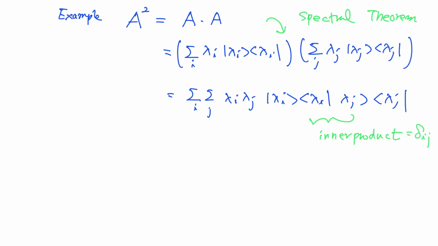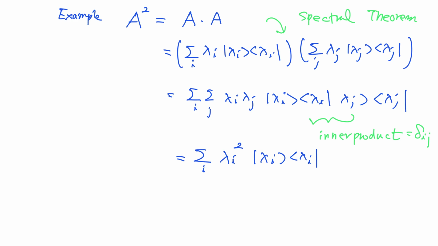So at the end of the day, we have this: just sum over i, lambda i squared, lambda i, right? Initially, we have a sum over i and sum over j.